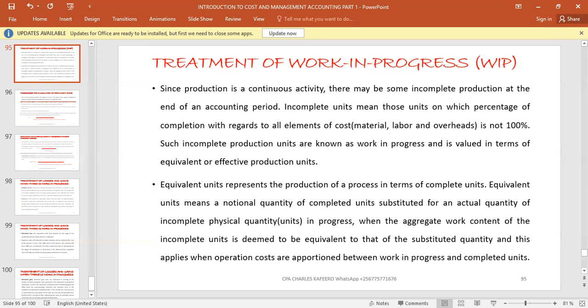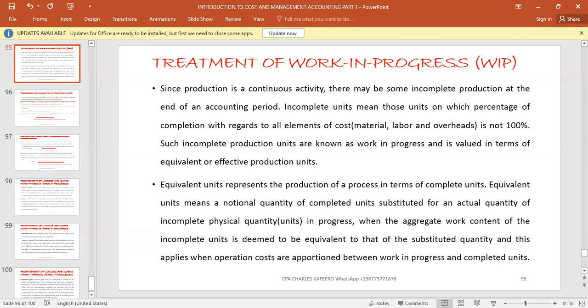So when you're looking at this equivalent production, when they are setting the question, they give you the work in progress in terms of units, and they give you the percentage of completion at different elements of cost. So we are saying that equivalent units represent the production of a process in terms of complete units. That's what we are trying to look at.